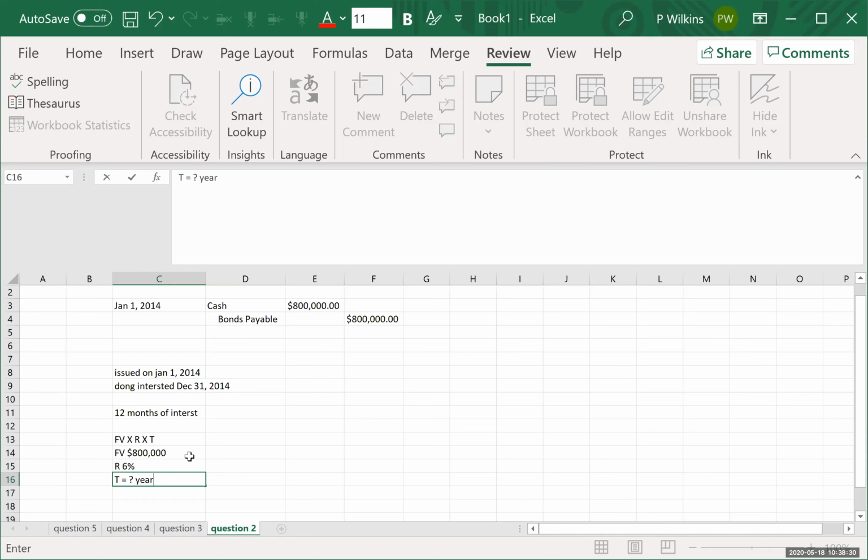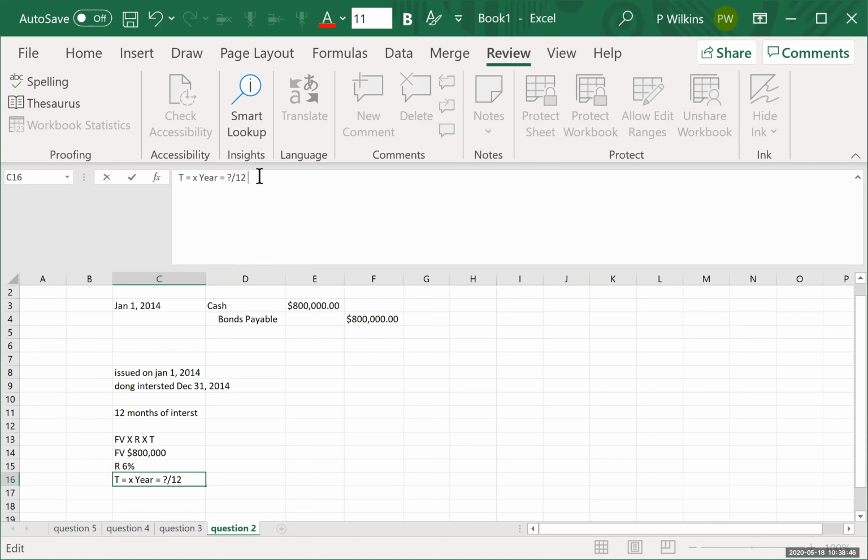I'm going to put a question mark for something year. So that means that's equal to something over 12. So I'm going to put X year. It's an X year. So it could be 10 year, 5 year, 12 year, 15 year, 20 year, 500 year. Okay. So this is something over 12.